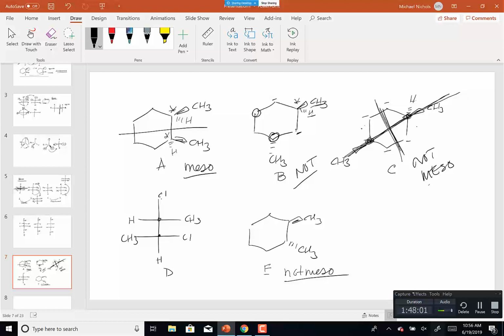The bottom carbon has an H, a Cl, and a methyl. It could be meso. So now we have to check and see, is it meso? Yes or no?